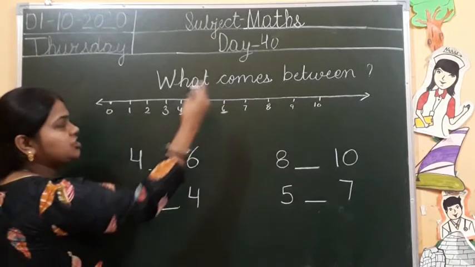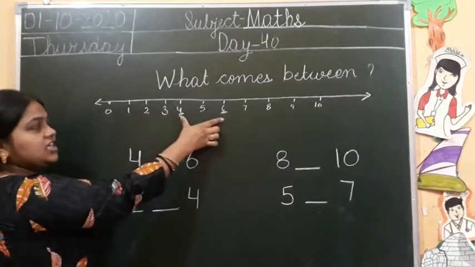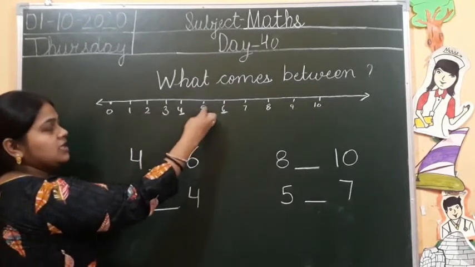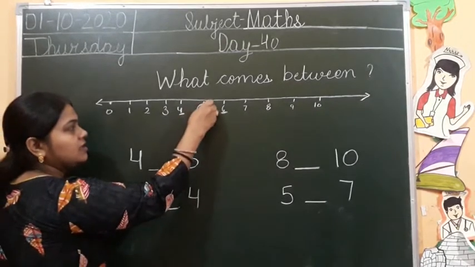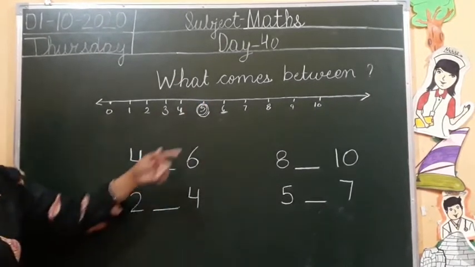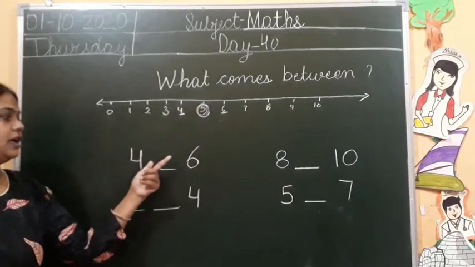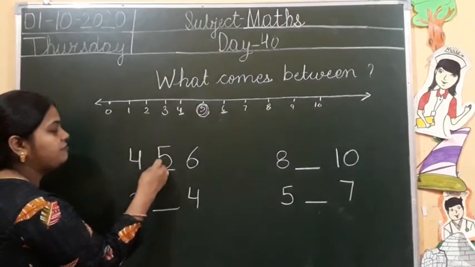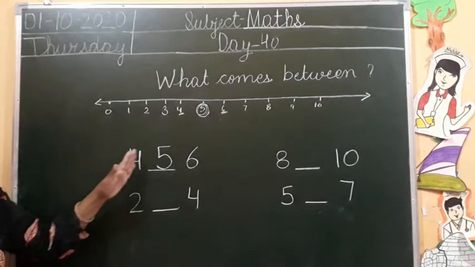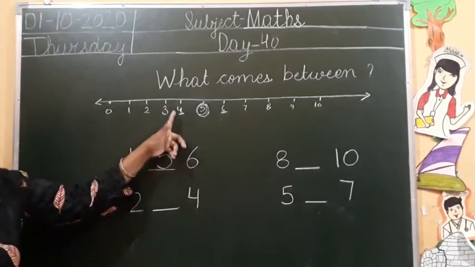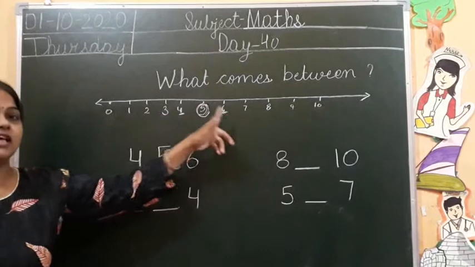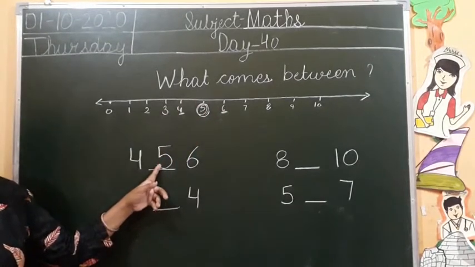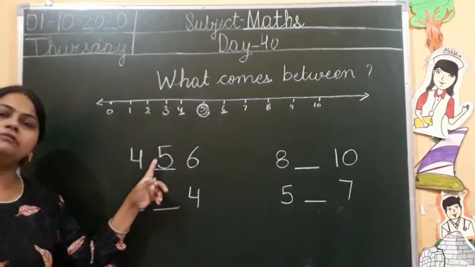And which number comes in between these two given numbers? This one. 5. So 5 number will come in this place. 4, 5, 6. 5 was missing. So I am going to write down this place.